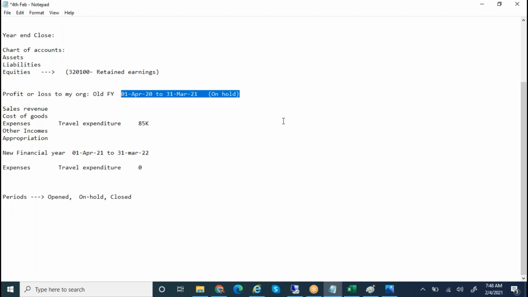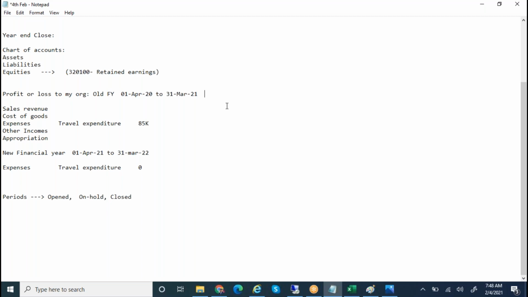In that case, if you want to do the year-end process, you need to make the periods from April to March on hold, and then the new financial year should be created. This is for the 2012 version, whereas D365 will not validate on hold or open, no issues. You can do the year-end process.